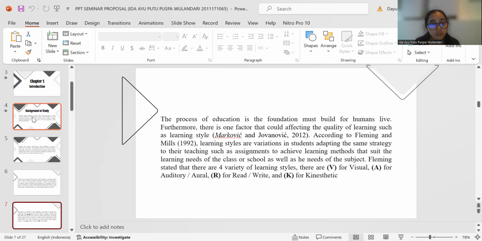And also, the process of education is the foundation that must be built for human life.